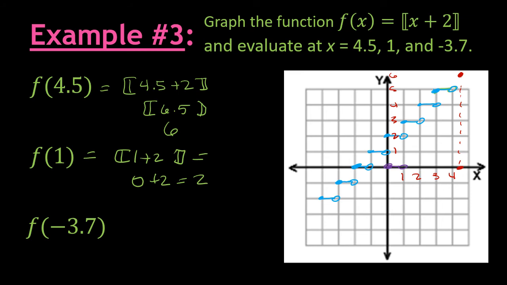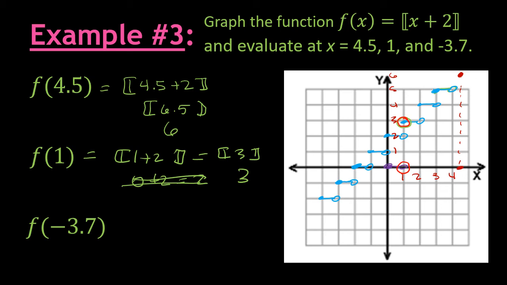So, time out, I did that wrong. 1 plus 2 is 3. So the greatest integer less than or equal to 3 is 3. And if I come to my graph and I look at 1, I have a y value of 3.